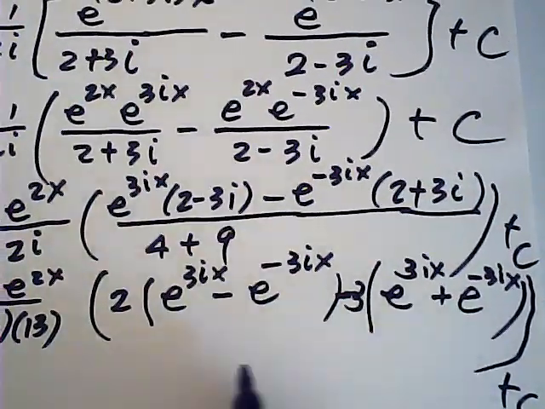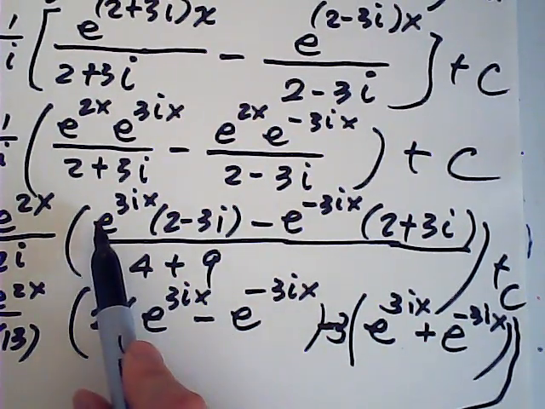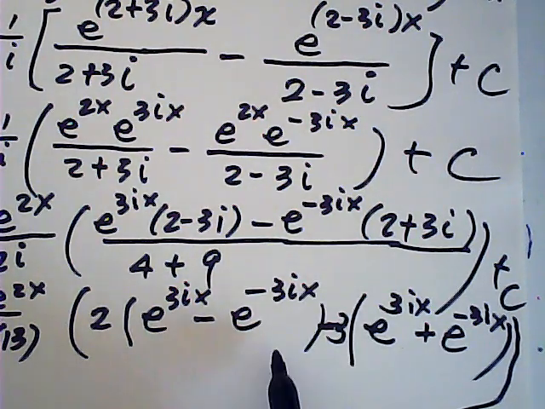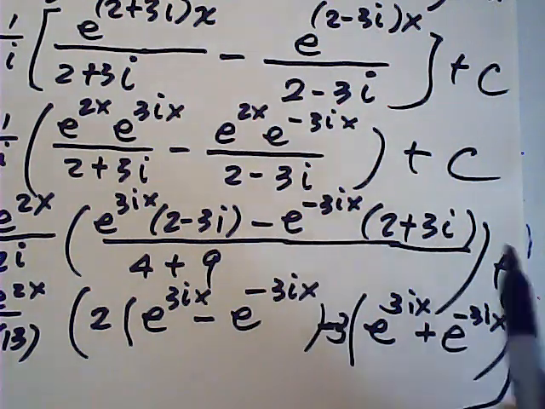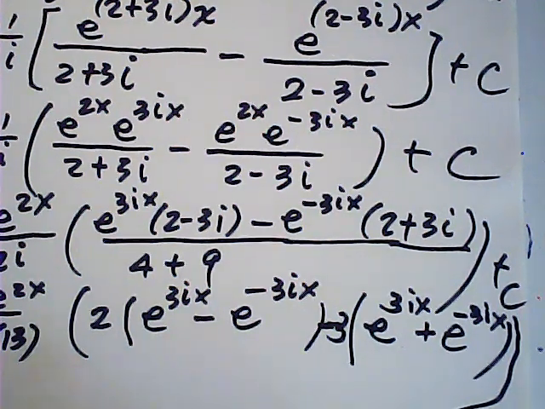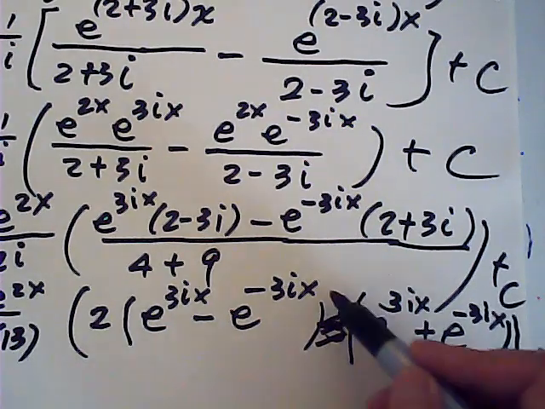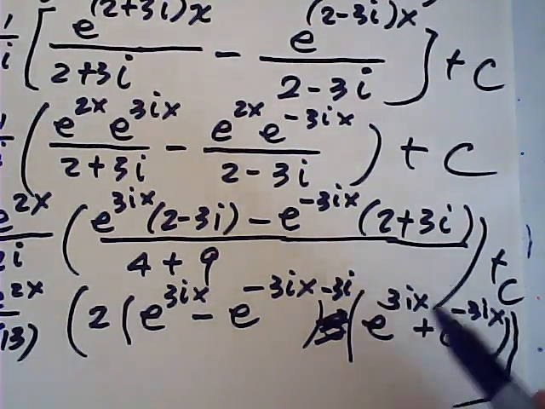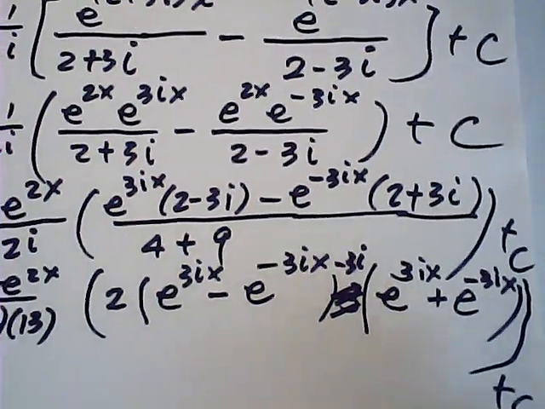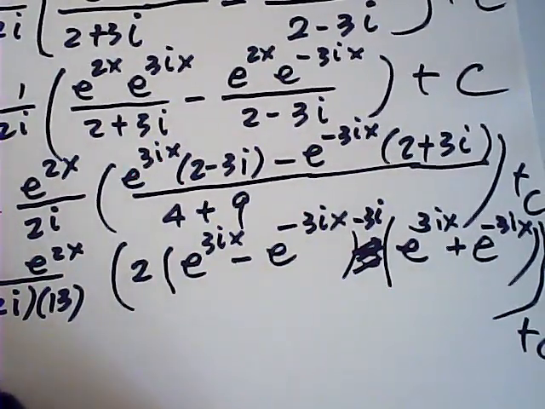Well, I'm confused with myself. Okay, this one times this one plus this one times this one is this. This one is this. I take a negative 3i out. I hope you see that one.